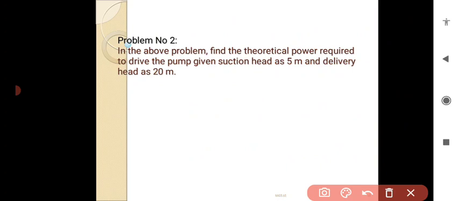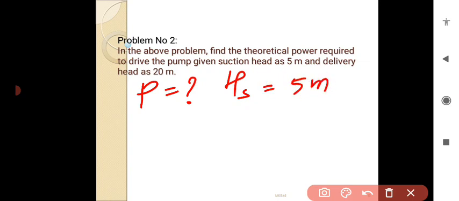He asked us to find the theoretical power required to drive the pump, and the given data is suction head HS is 5 meter and delivery head HD is equal to 20 meter.